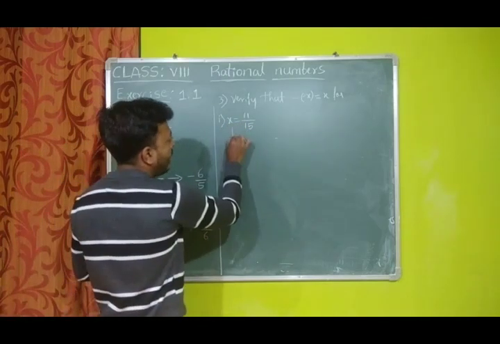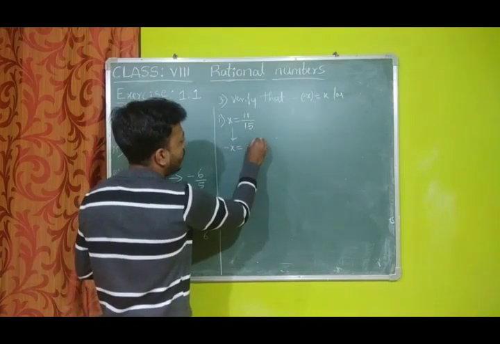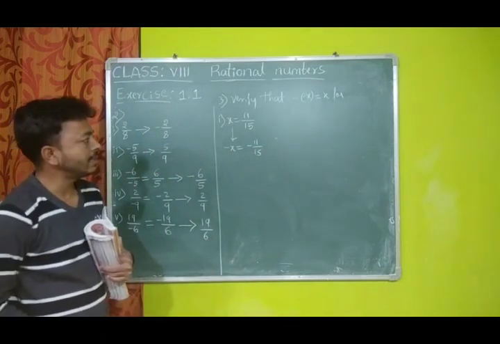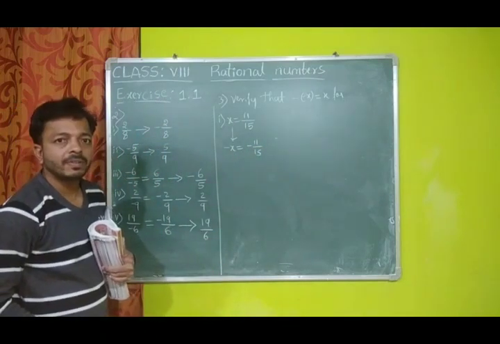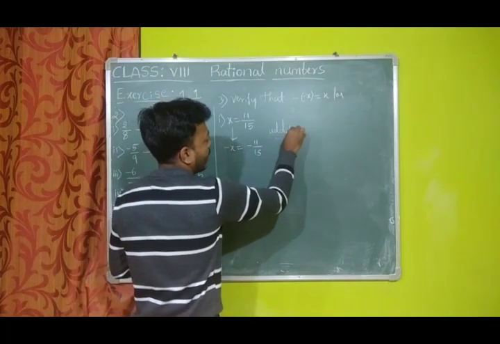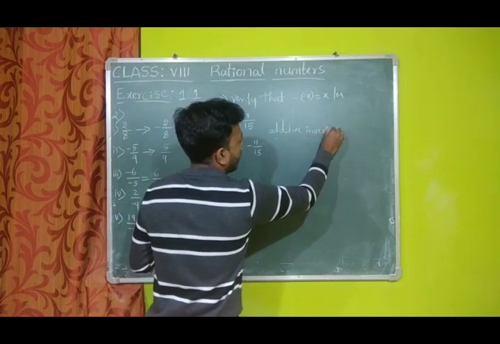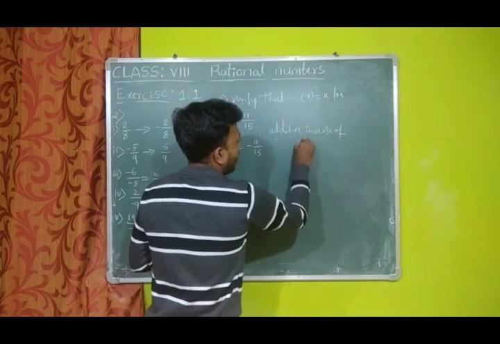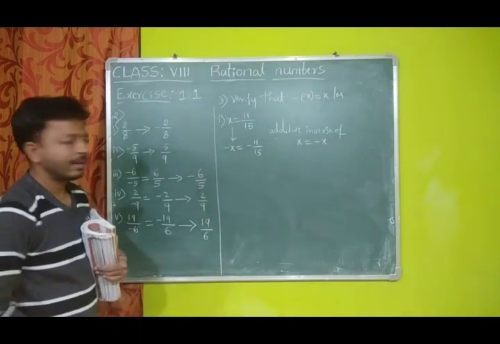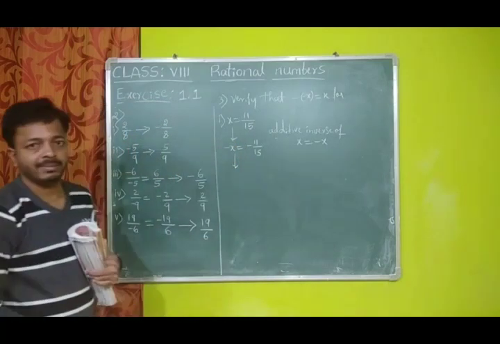So write the additive inverse of x, which is minus x. Minus x equal to minus 11 by 15. Now write the additive inverse of this.